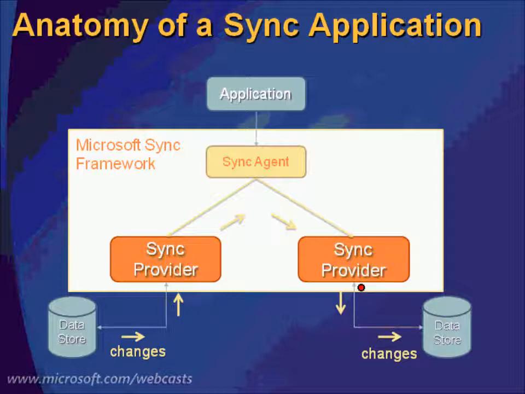It's not the data itself, it's just the metadata describing the changes. The second sync provider's job is to go fetch the changes from the first sync provider, so it fetches the actual data from the first provider's endpoint here.